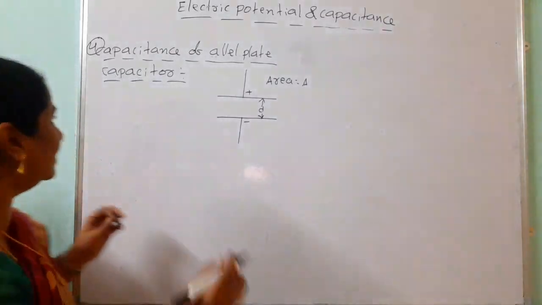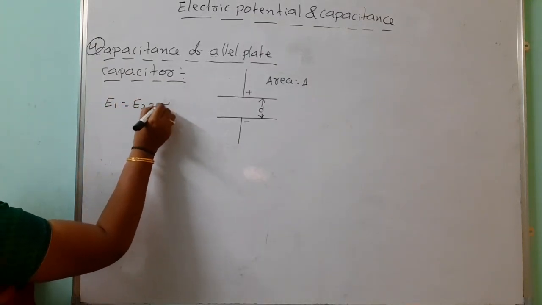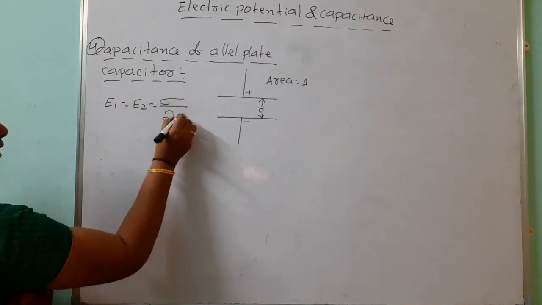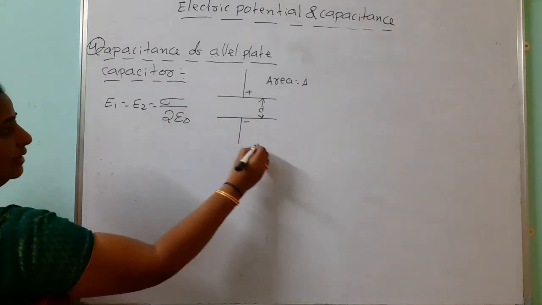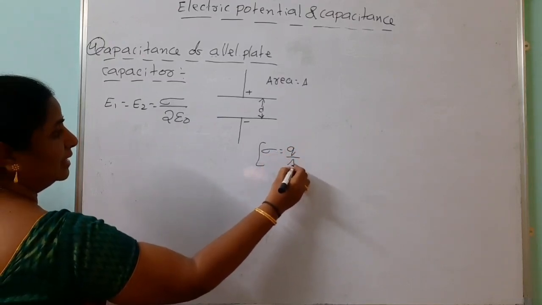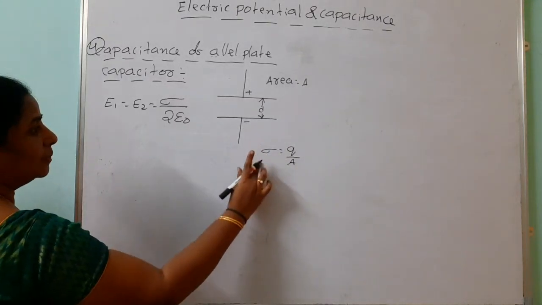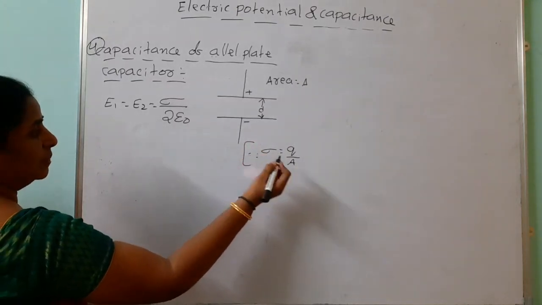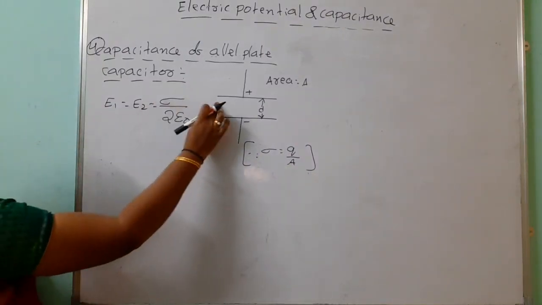According to that, here E1 equals E2 equals sigma by 2 epsilon naught. Sigma is the surface charge density, that formula is charge per unit area. Epsilon naught is the permittivity of free space. Here two plates are there.